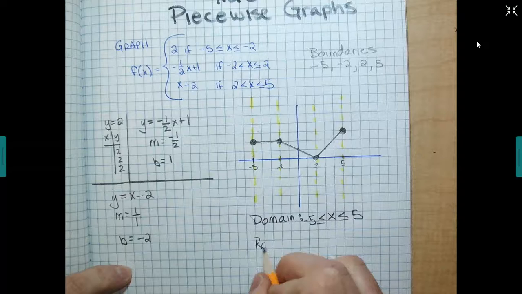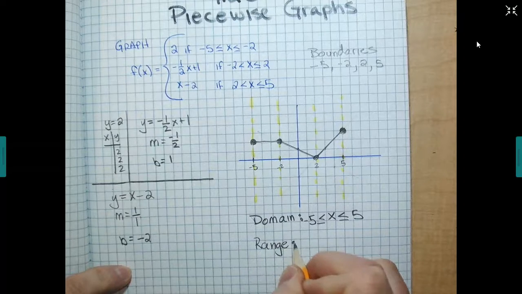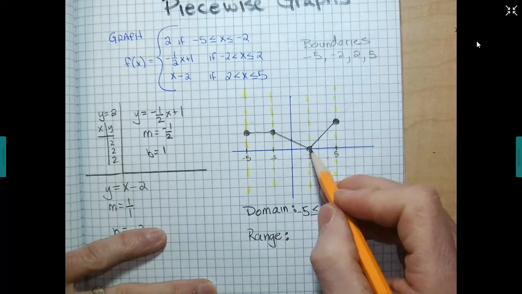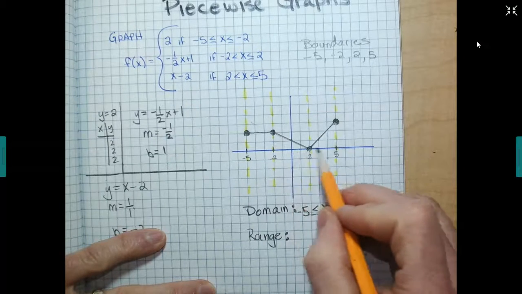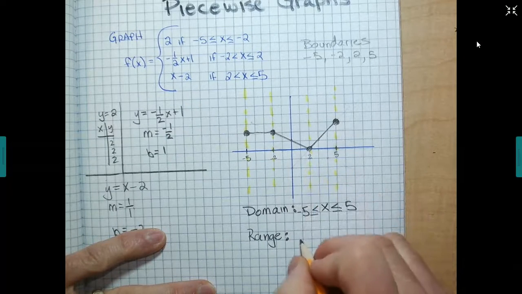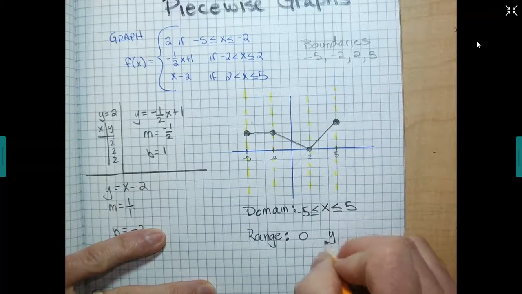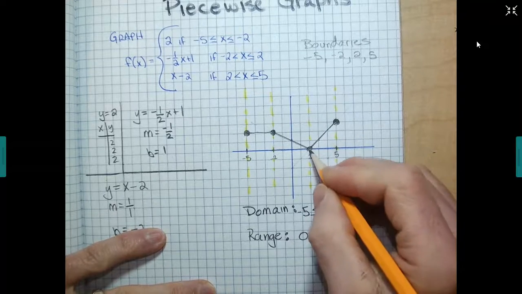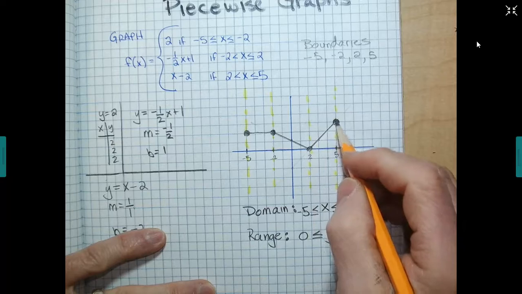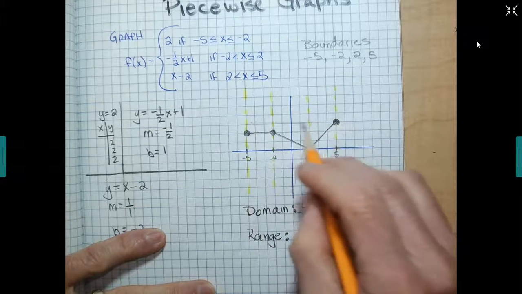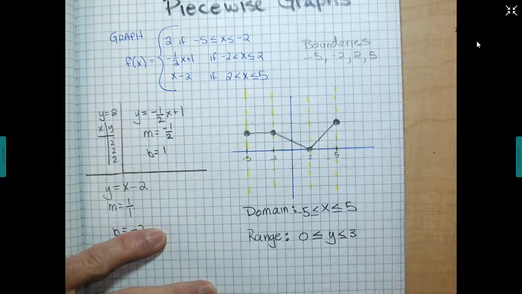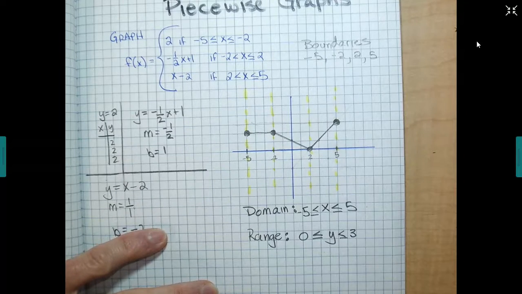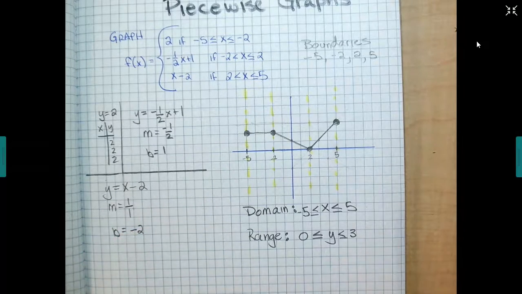And then my range goes from here, which is 0, so y is greater than or equal to 0. And it actually ends here at 3. That's the highest y value. It's less than or equal to 3. So there's my domain and range. That's kind of a review of yesterday.